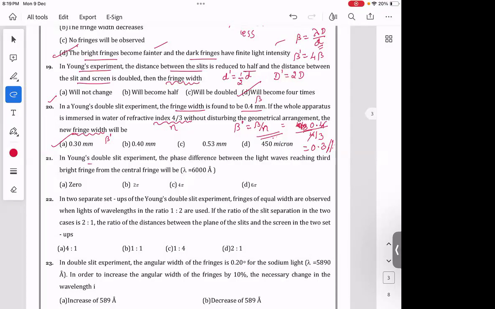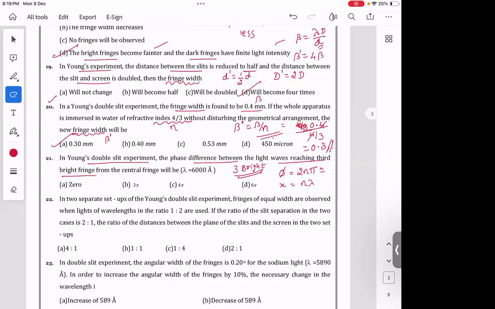Next one. In Young's double slit experiment, what will be the phase difference between the light waves reaching the third bright fringe? For the third bright fringe, what is the phase difference condition? It is 2n pi. What is the path difference condition? n lambda.